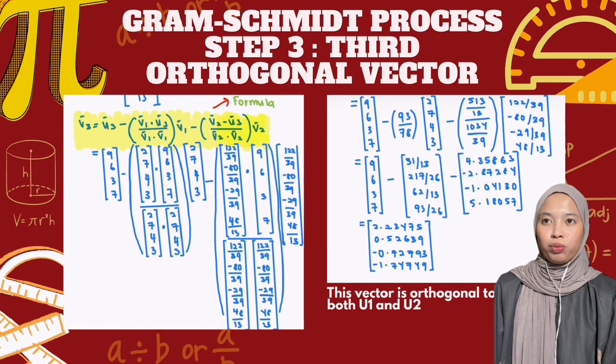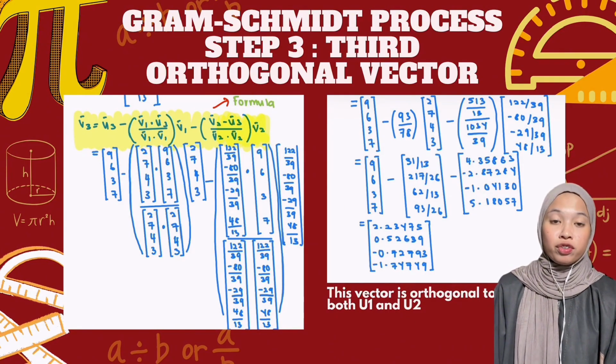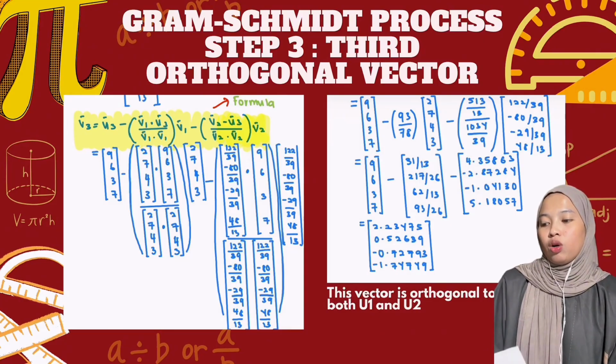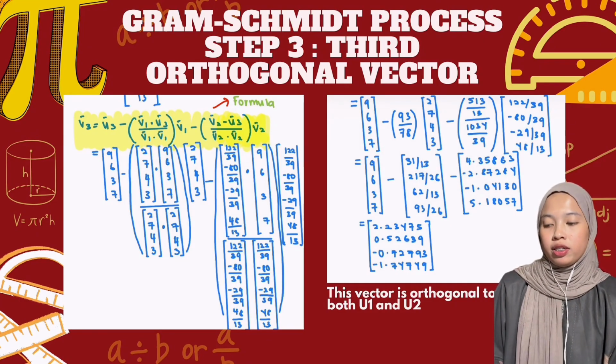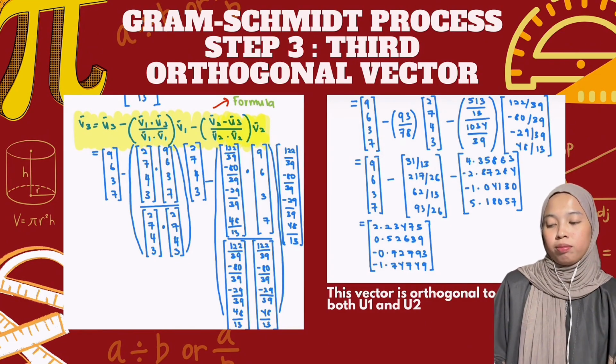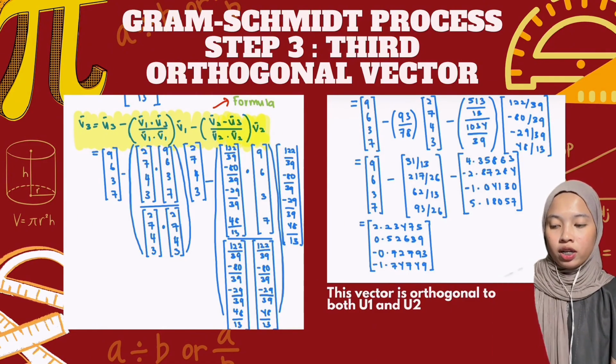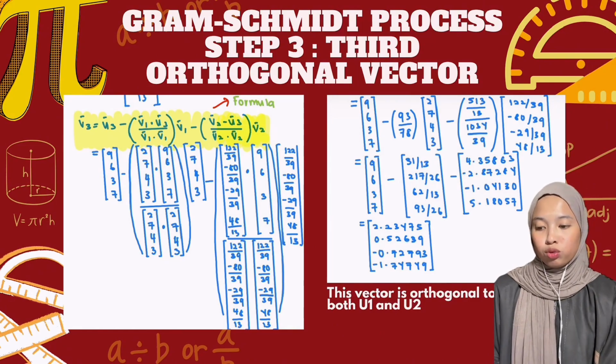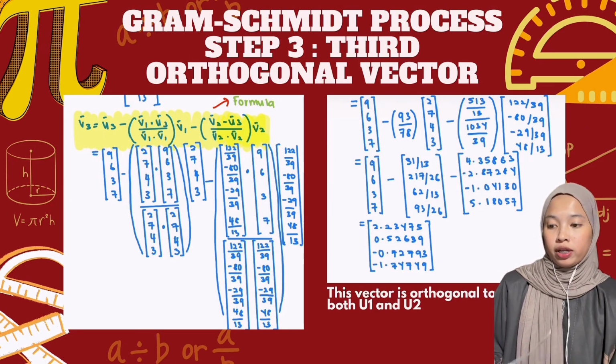Okay, next we compute the third orthogonal vector by subtracting the projections onto both previous vectors. Okay, the formula is U3 equal to V3 minus the bracket of V1 dot V3 over V1 dot V1 close bracket V1 minus the bracket of V2 dot V3 over V2 dot V2 close bracket multiplied with V2.